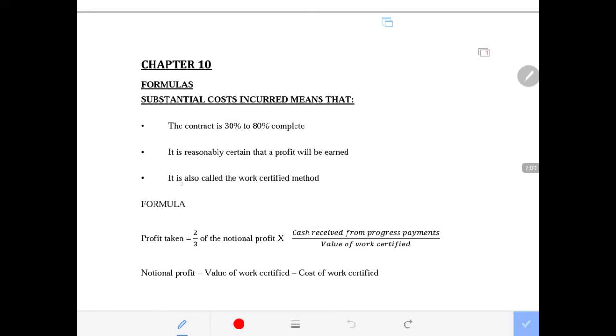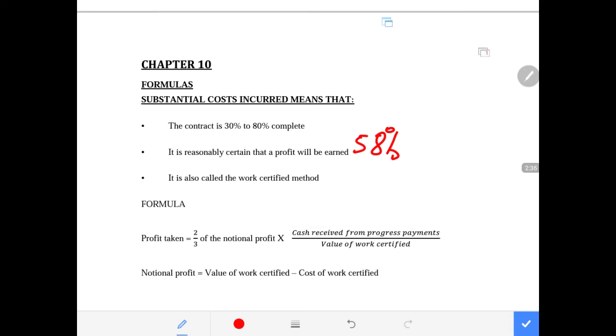Then this method of taking into account the profit in the statement of profit or loss, when the project completion stage is between 30 to 80%, is called the work certified method. So you can be given a scenario where you are told that the project is 58% complete, and you are required to calculate the profit.